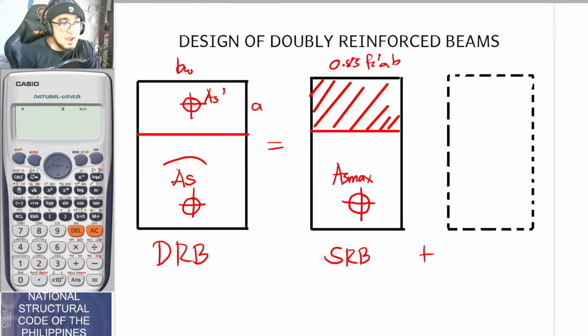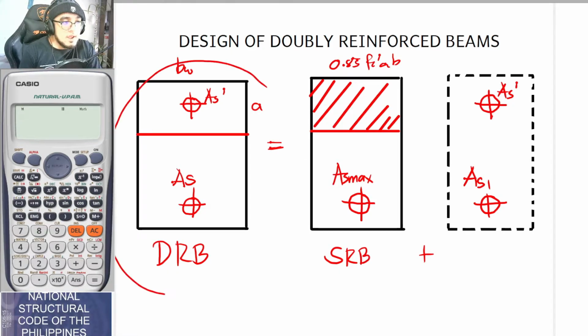So assuming that your As required here is higher than As max, we would be having another As here, As1. And once again, to maintain equilibrium, we would now be adding steel reinforcement at the compression side. So this is to be As prime. So guys, take note that your doubly reinforced beam is basically the addition of SRB plus the additional requirement.